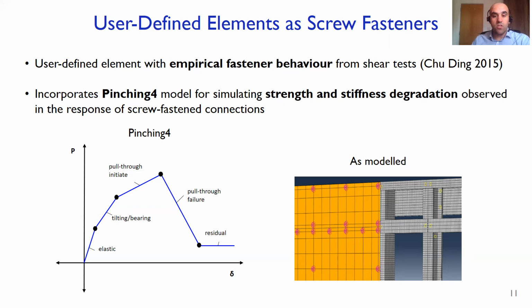Recent research carried out by Ding resulted in an ABAQUS user-defined element, UEL, which incorporates the pinching4 model and is capable of simulating strength and stiffness deterioration observed in response of screw fastened connections. To consider changes in force vector angle in ABAQUS analysis, a radial spring model is used for the UEL.